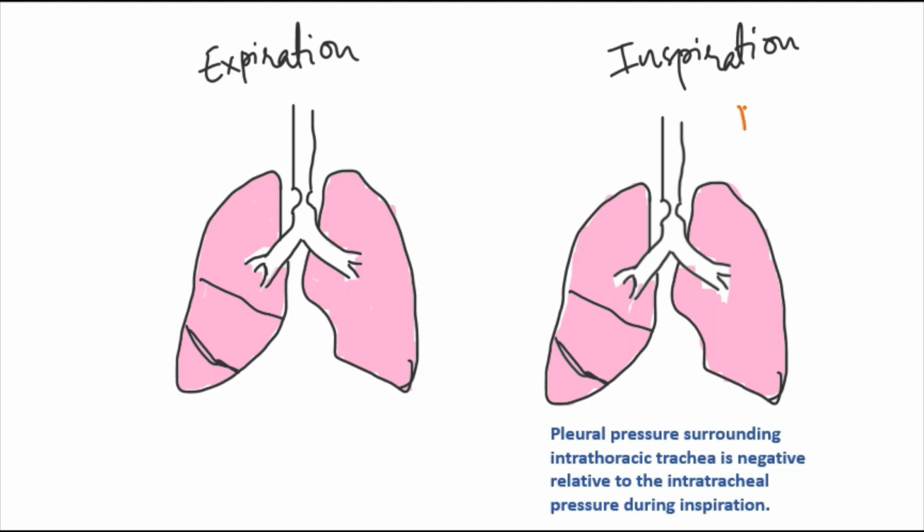So pressure in the trachea is more than pressure in the pleura during inspiration, so the pull is outward, in the opposite direction. So any obstruction that is present over here causes no restraint to the inspiratory flow.